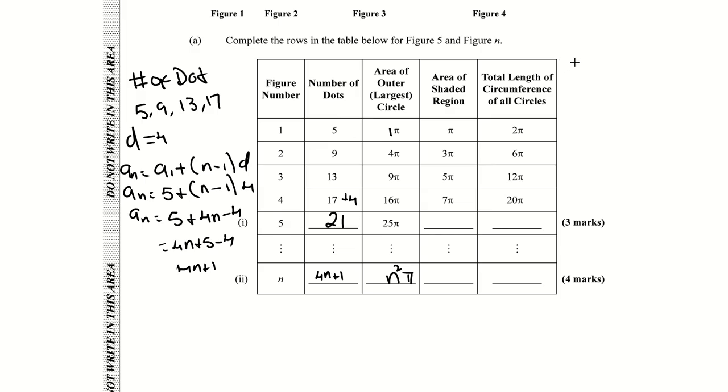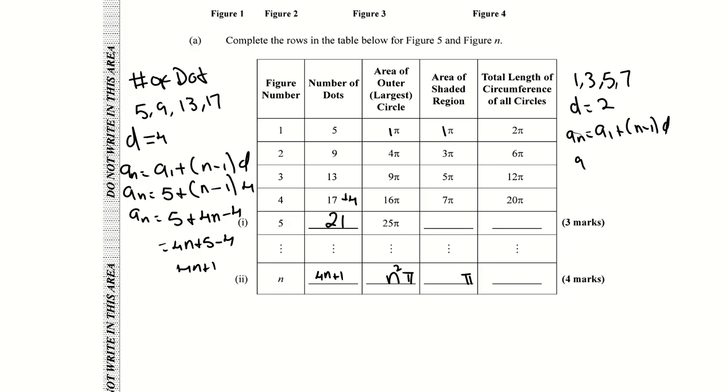And then this one here, pi is constant, so we're going to put pi, but we're going to look at the sequence 1, 3, 5, 7. There is a common difference of 2, so a_n is going to be a_1 plus (n minus 1) times d.